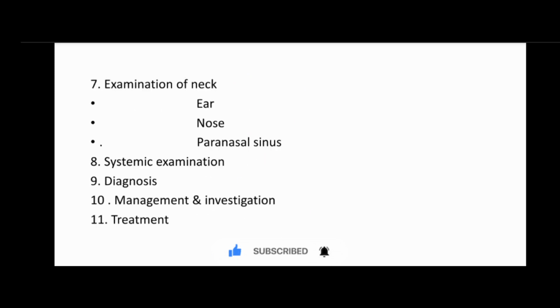And then we are going to examine the neck, ear, nose and paranasal sinuses, because these are all interrelated. In an adenotonsillitis case, if the adenoid is involved, it obstructs the Eustachian tube, so it leads to ear-related disease like otitis media.